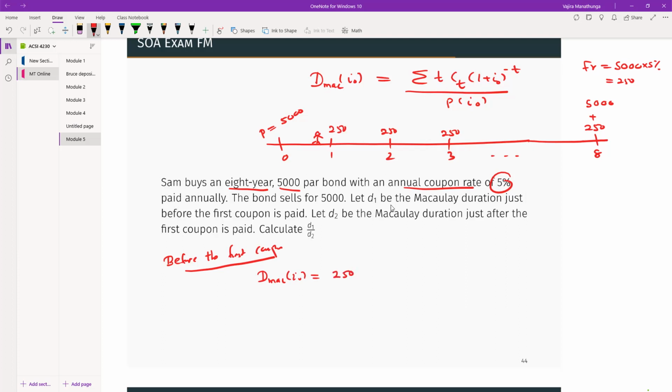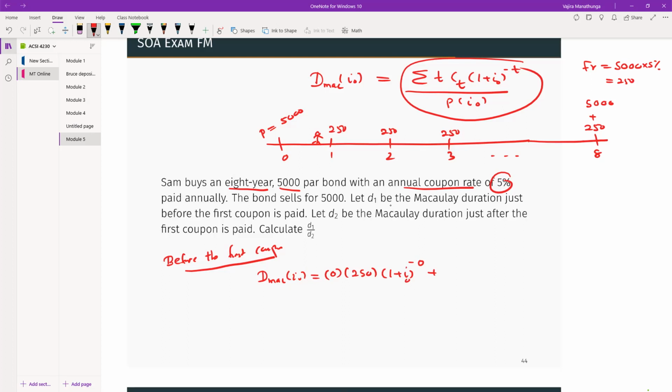The first payment is 250, and the time is 0. So I'm calculating this formula in the numerator: t is 0, then C_t is 250, then 1 plus i naught to the 0.